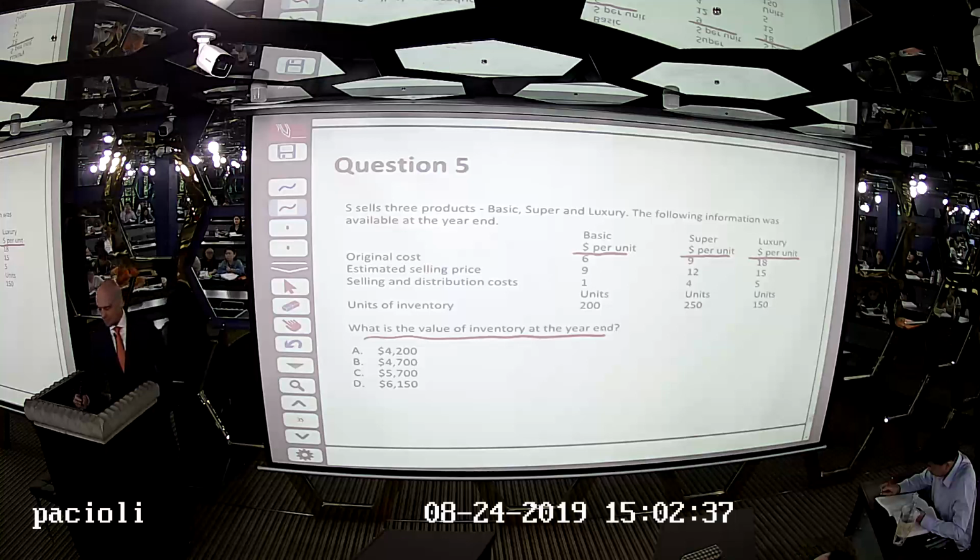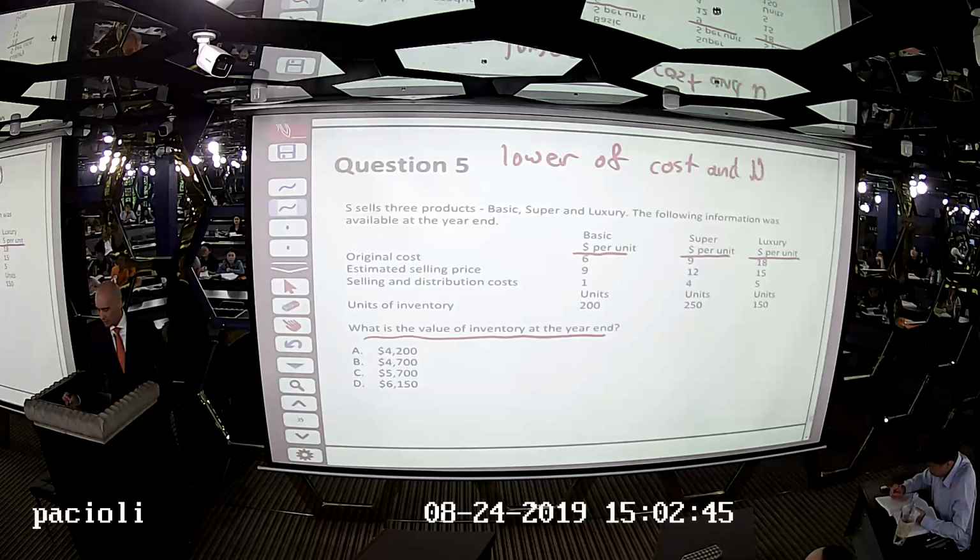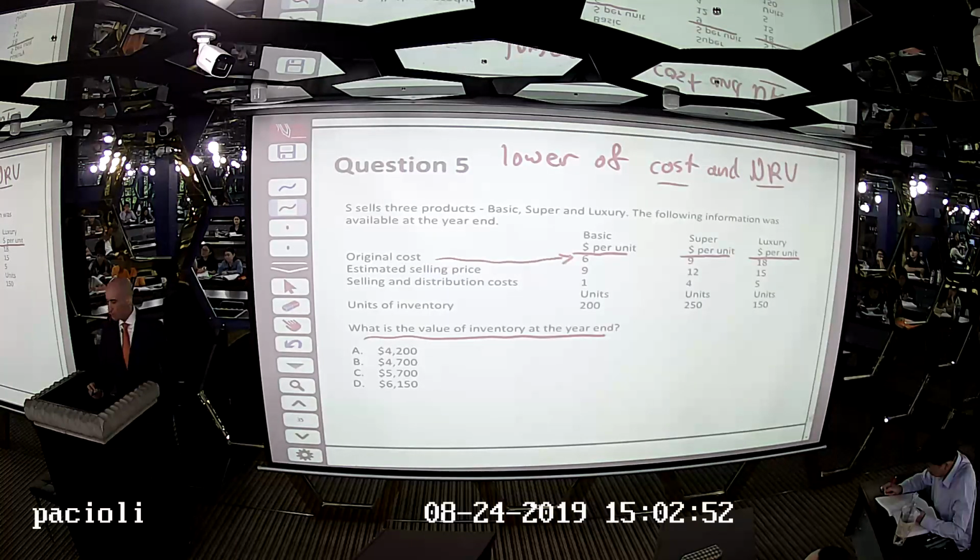Remember, the value of inventory must be the lower of cost and net realizable value. Which one is lower? So the cost we have, you have the cost here, but you do not have the net realizable value. So you need to find the net realizable value.